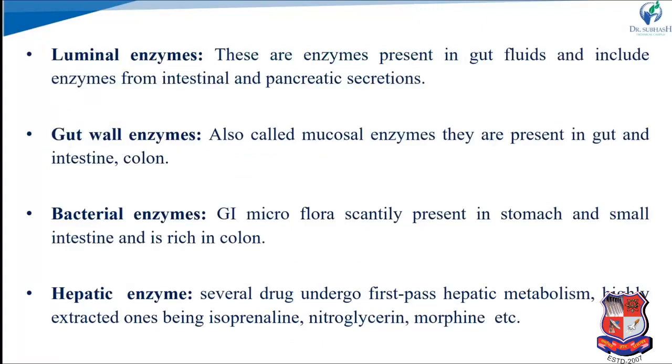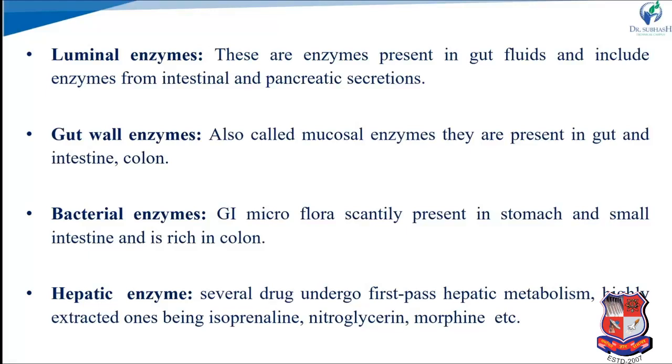Luminal enzymes are the enzymes present in gut fluids and include the enzymes from intestinal and pancreatic secretion. Gut wall enzymes, also called mucosal enzymes, are present in the intestine and colon. Bacterial enzymes come from the GI microflora present in the small intestine, stomach, and especially in the colon.